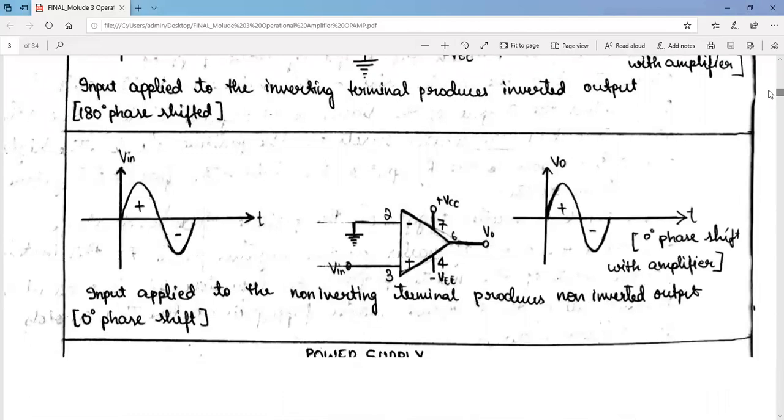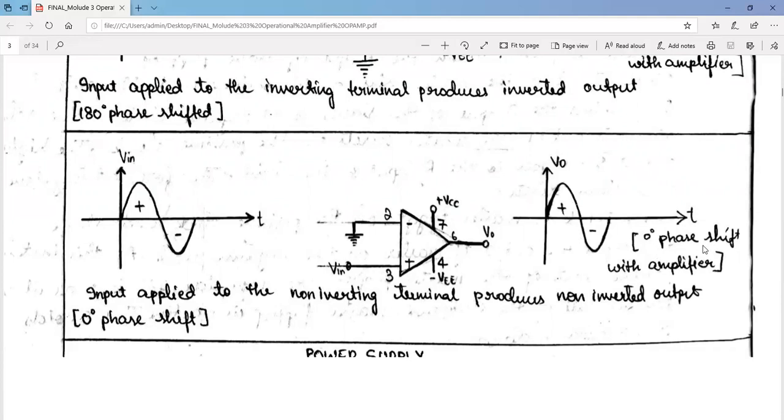Next, when the same input is applied to the non-inverting terminal, that is pin number 3, and the inverting terminal is grounded, you will get an output of the same phase. That is, you've given an input of a positive peak followed by a negative peak, and you will get an amplified version at the output of the same phase, a positive peak followed by a negative peak.